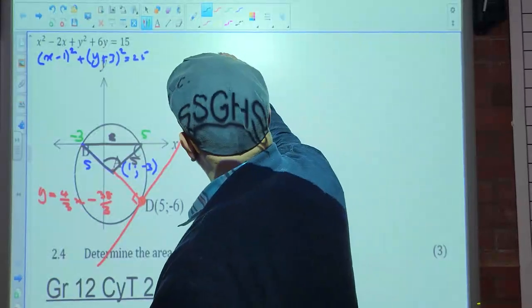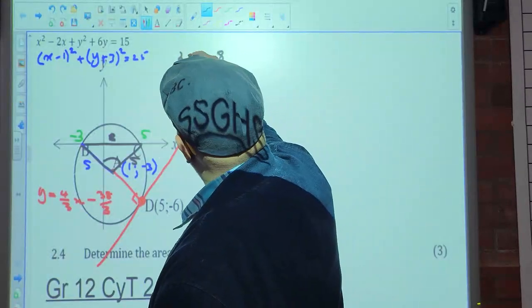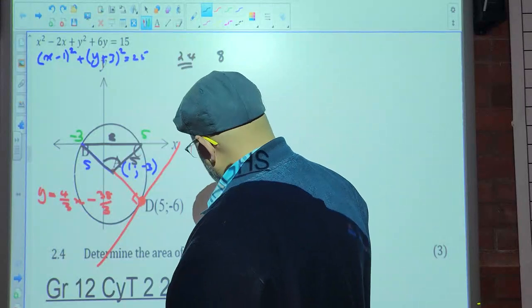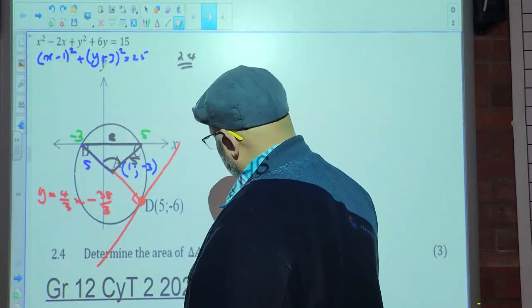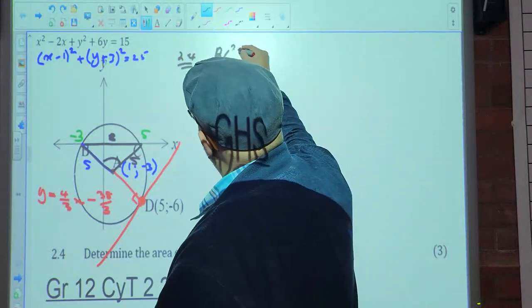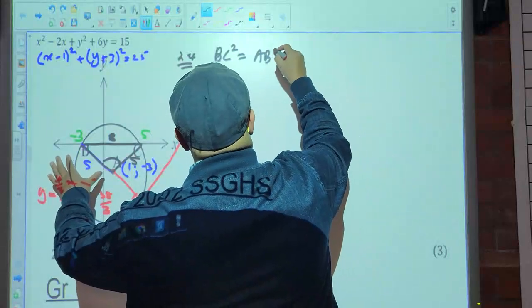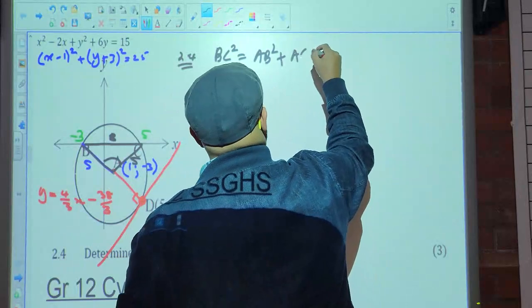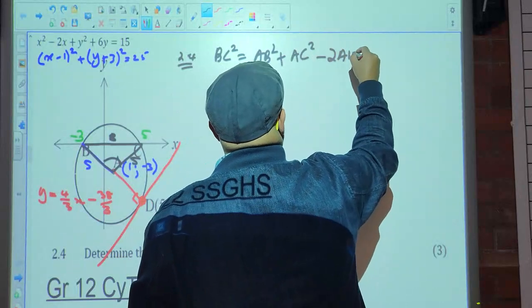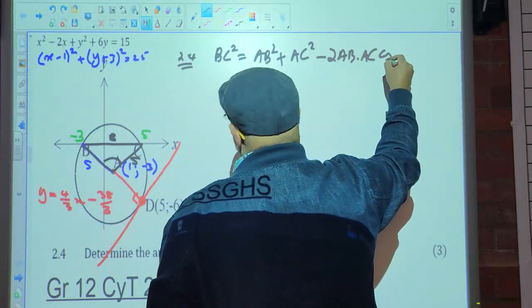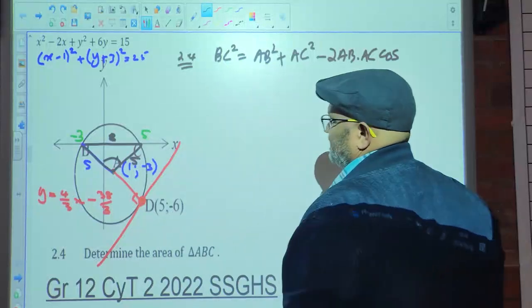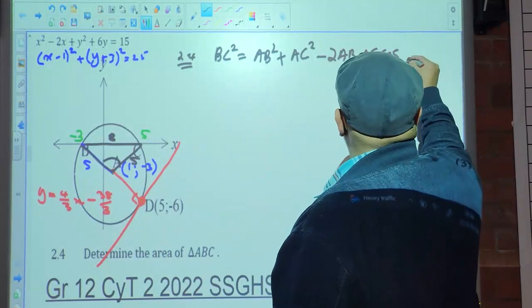So we now say that this is 2.4. We know that BC squared is equal to AB squared plus AC squared minus 2AB times AC cos of BAC.